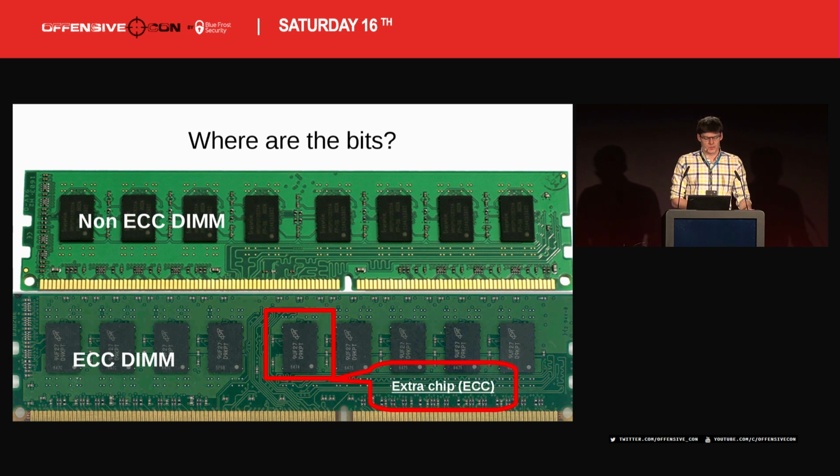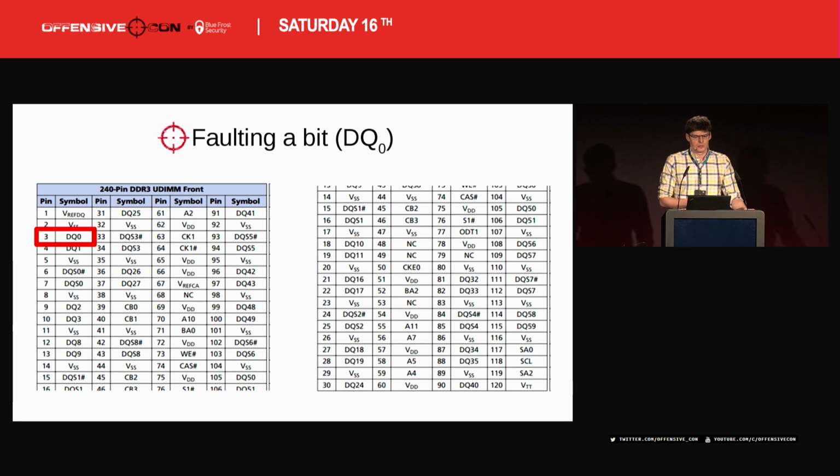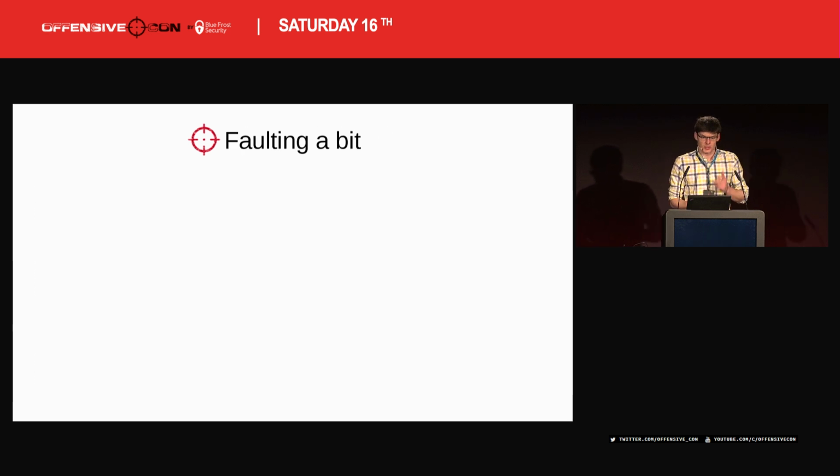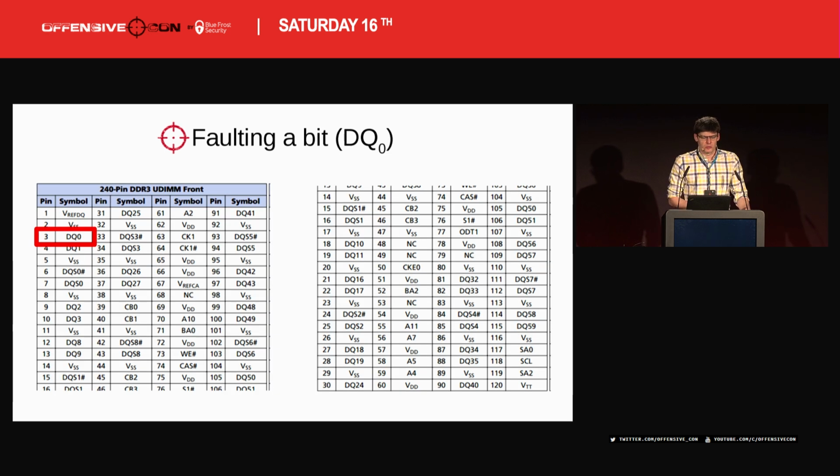Again, all of this interface is standard. So for instance, let's say we want to fault a single bit, right? We can start with the data sheet of that DIMM. DQ maps to one of the bits. Probably DQ0 maps to, let's say, the least significant bit. This is pin number 3.